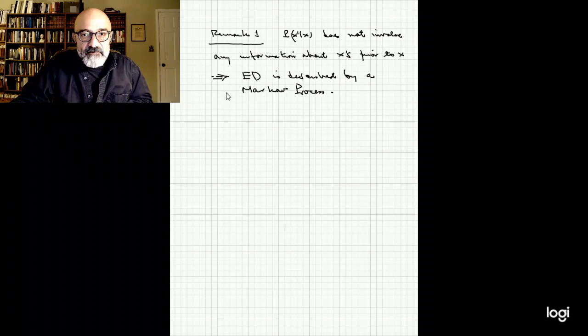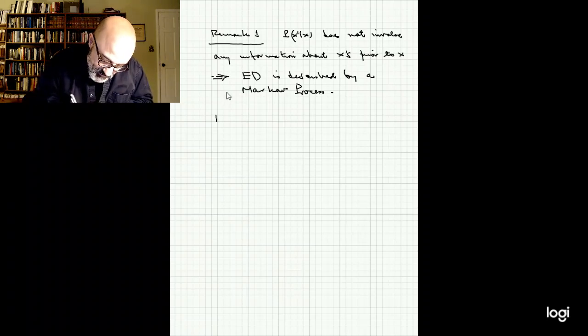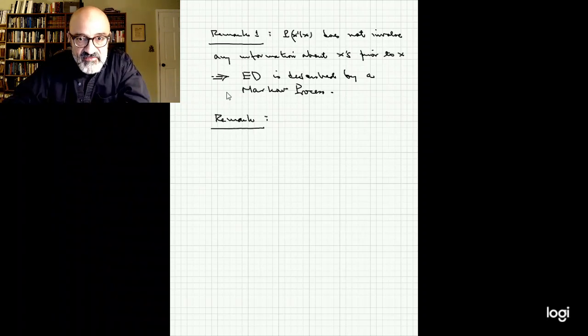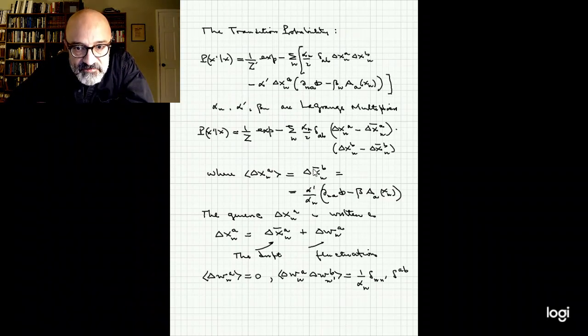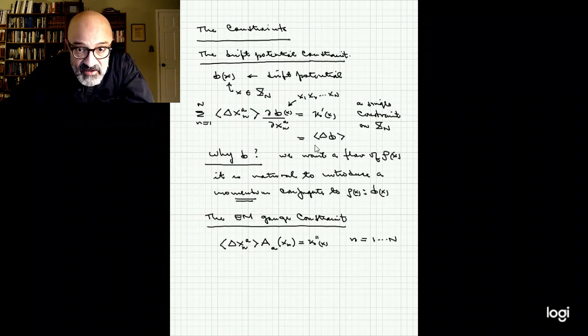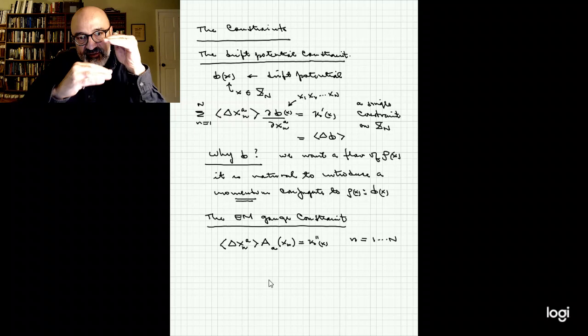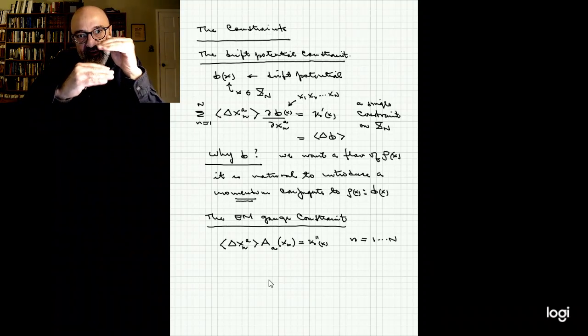Very good. The second remark. Another feature that we see emerging already from the nature of the constraints. You probably realize that here the first constraint that we're using involves displacements. The second constraint involves displacements. So what this means is that these two constraints are not completely independent of each other.